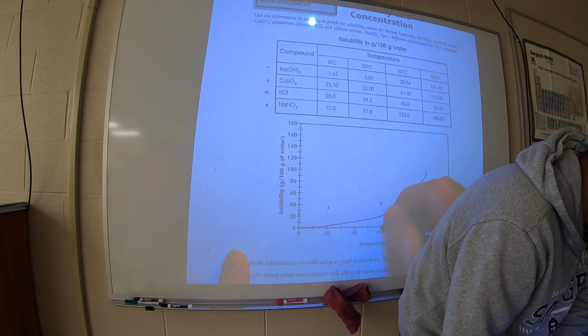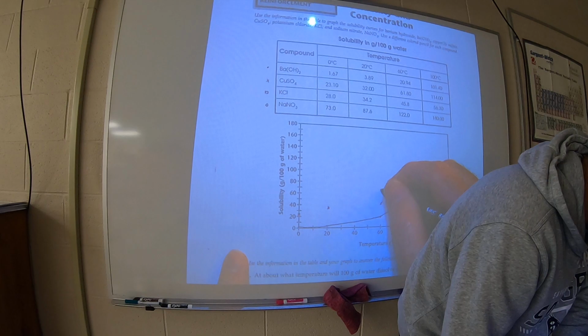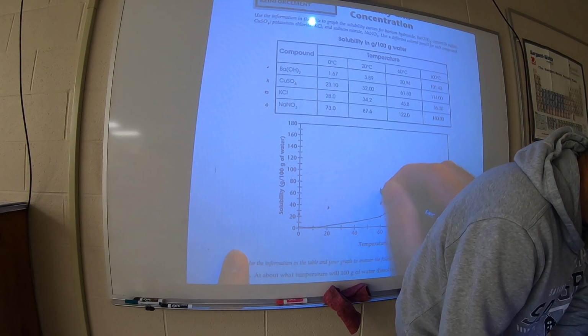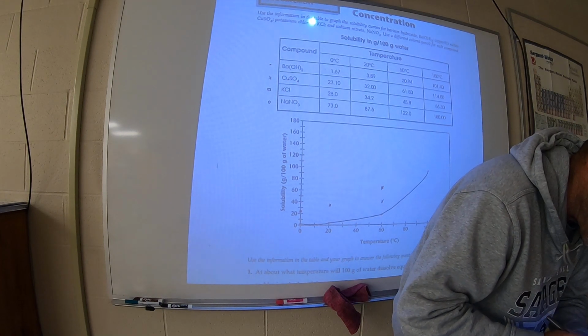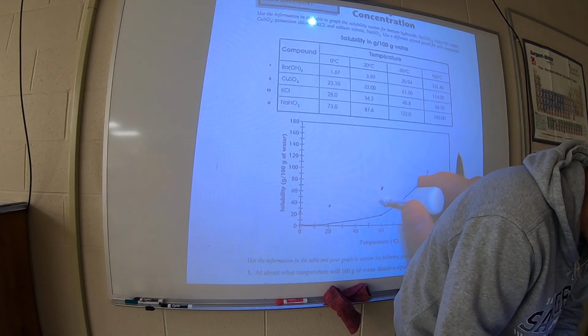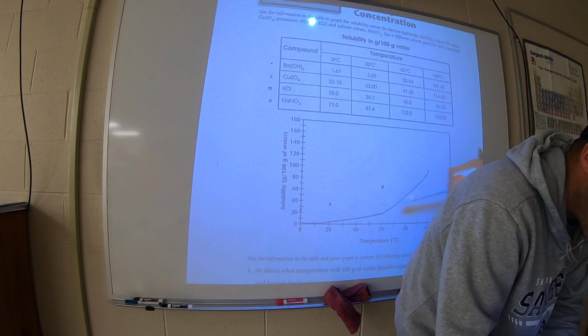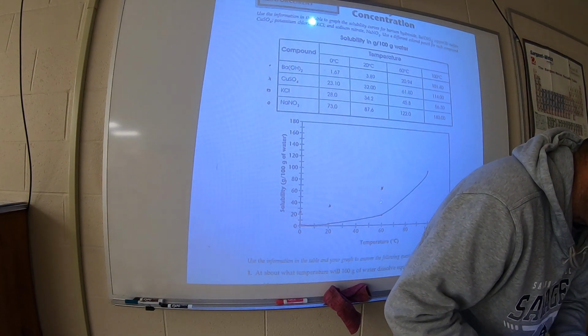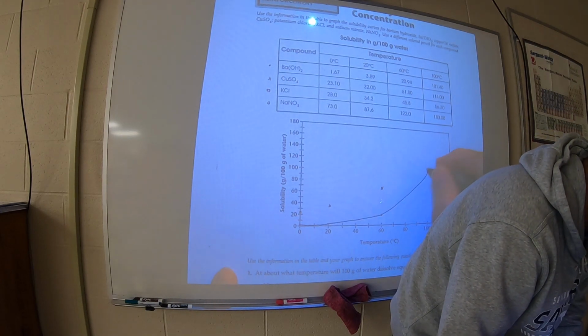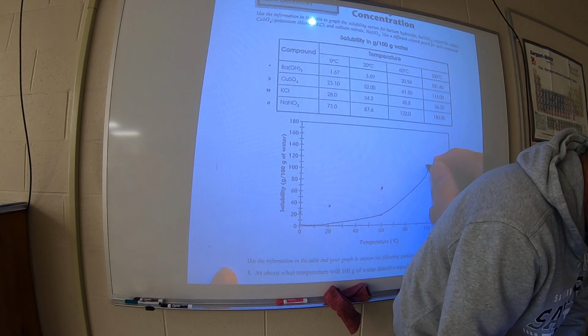At 60, it's 61.8, so it's going to be all the way up here. Get some white out, get that out of the way. And at 100, it's 114, so it's going to be above this one.